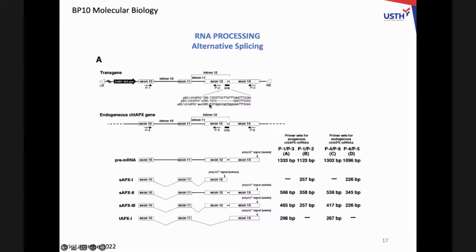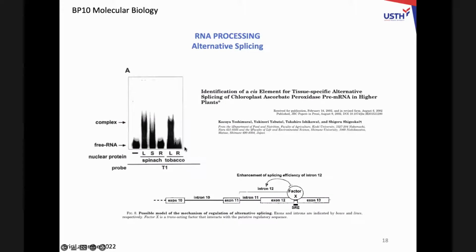The endogenous sequence is the last one. There is a small sequence which is partly on exon 12 and partly in intron 12 in the gene, which you find back in the RNA. And this sequence is the regulatory sequence of the alternative splicing. I will show you what they did just after.